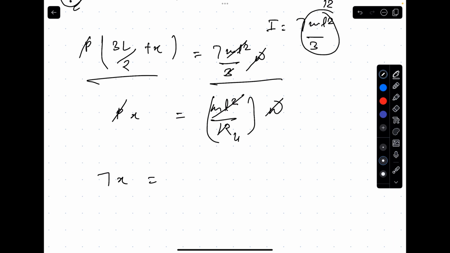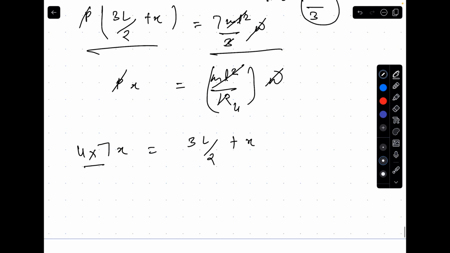So 7 multiplied by 3, 7 multiplied by 4 is equal to 3L/2 plus x. I think this calculation is correct.